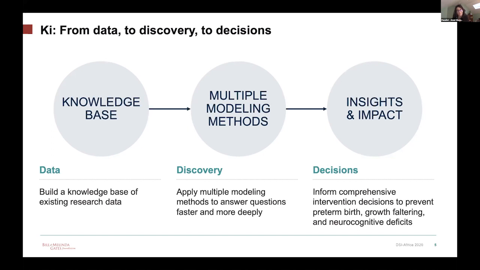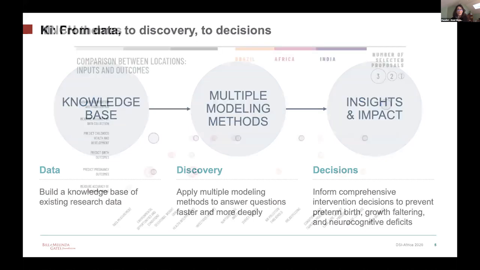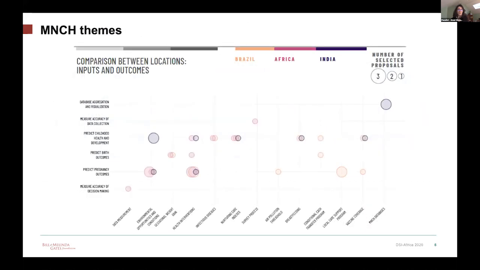with a greater impact in the different regions we're covering. So this graphic shows an overlap between the different MNCH themes that the three regions are focusing on. My colleague Moses talked a little bit about themes that are covered in Africa. In this graphic, the sizes of the dots show the number of projects.